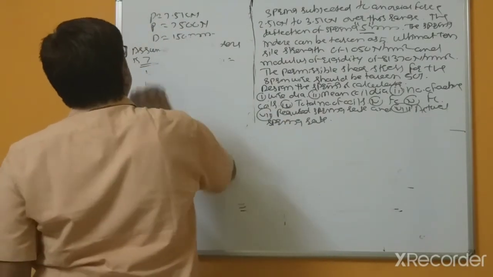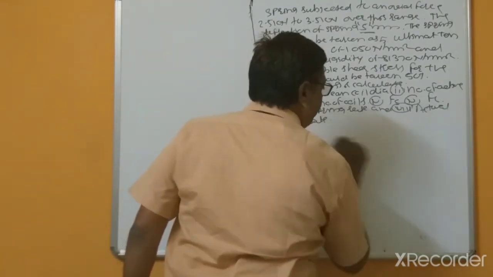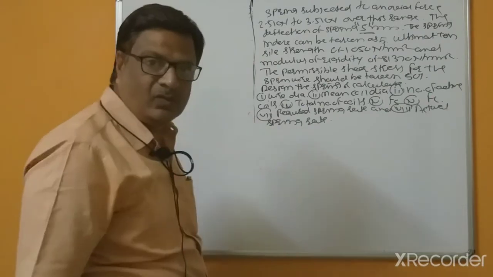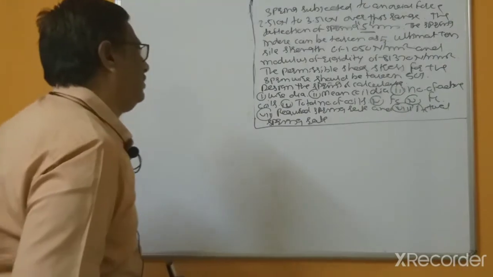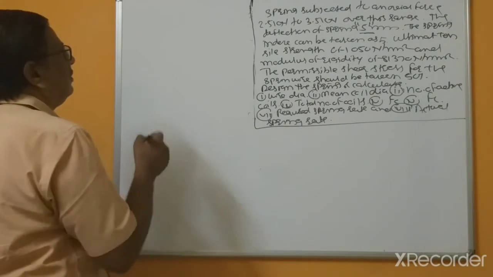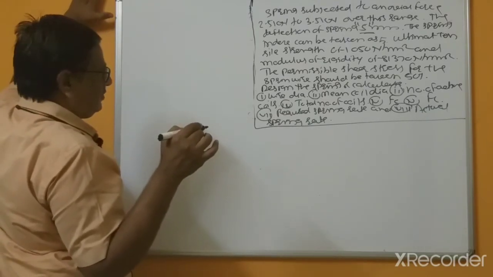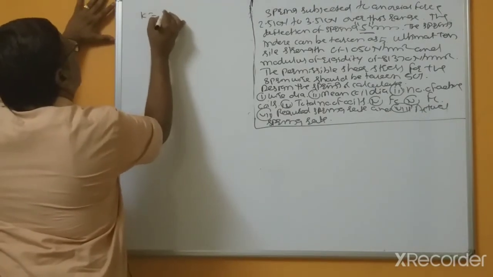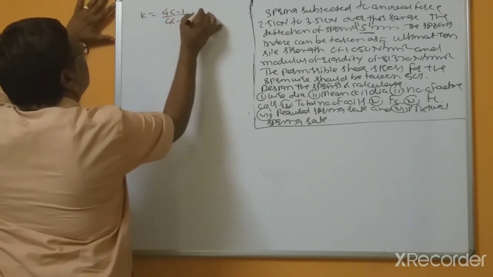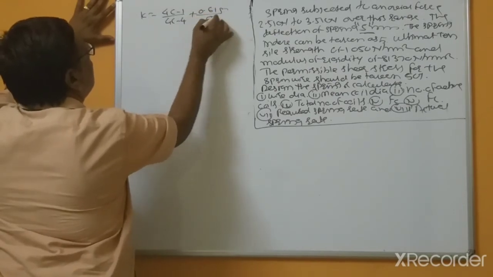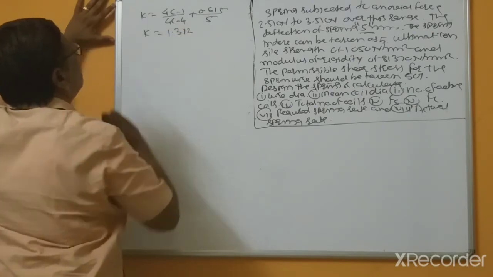So in these problems, range, and this is 5 mm, the spring index C is 5. K equal to (4C minus 1) divided by (4C minus 4) plus 0.615 divided by C. So K equal to 1.312, right?